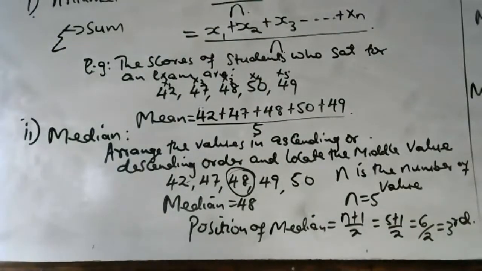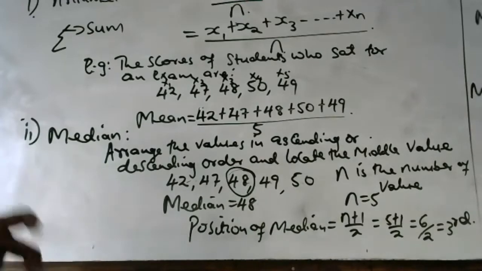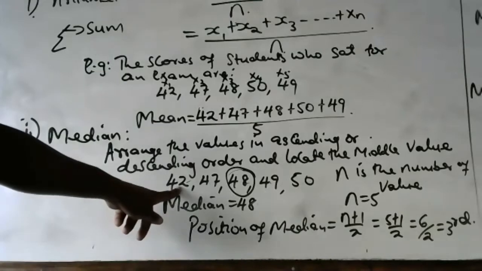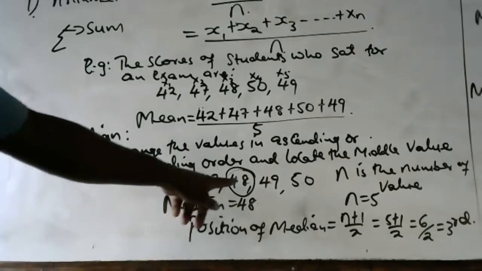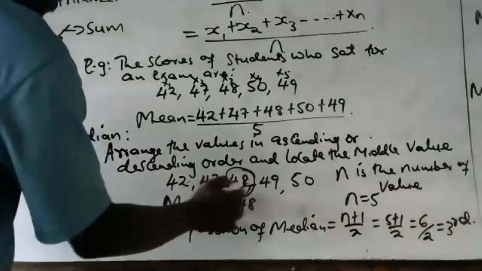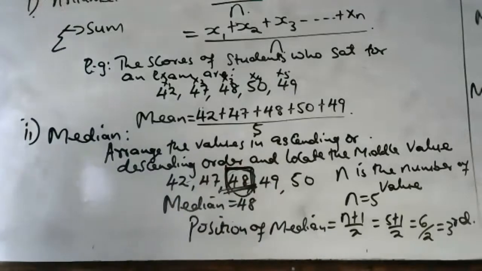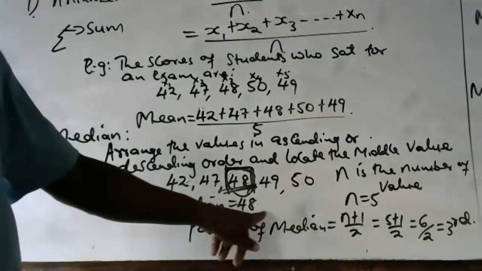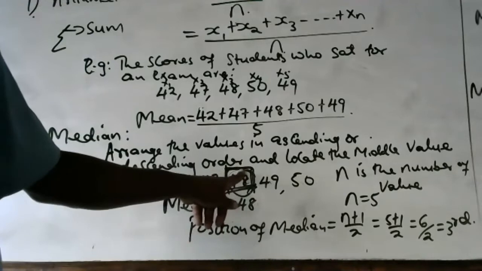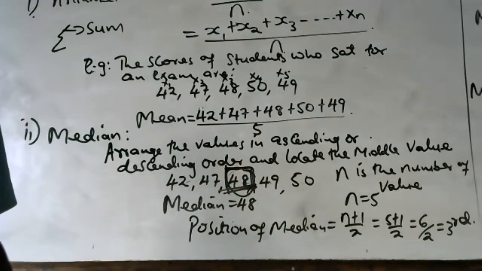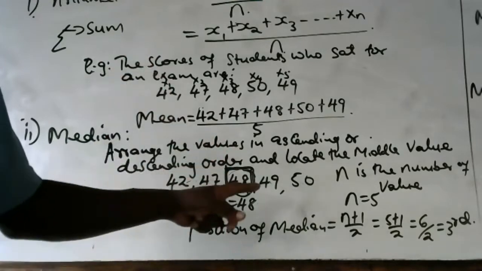Meaning that the 3rd value of the numbers arranged in ascending or descending order is our median. Remember, this is the first value, the second value, the 3rd. From what we have seen, the 3rd value is 48. That is where we have our median. And actually, it is true. The 3rd value is 48, and 48 is the value that is at the middle.